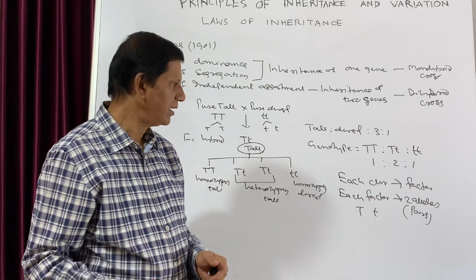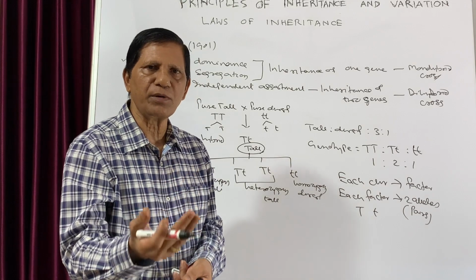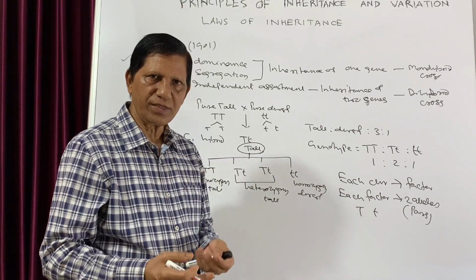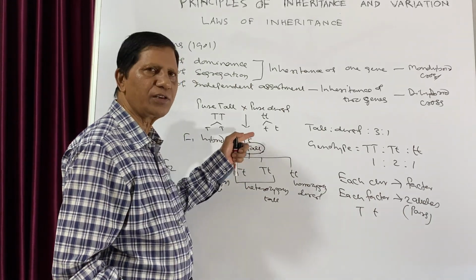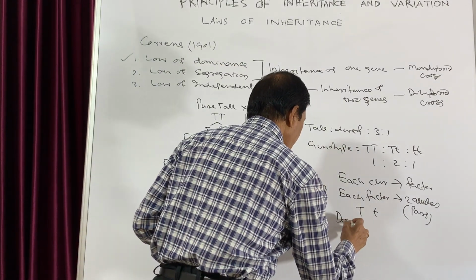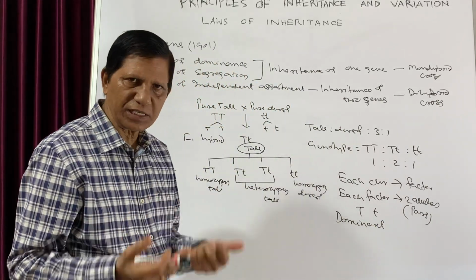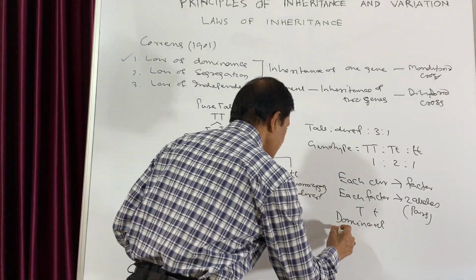Or we can say that one allele is masking the expression of the other. The character which expresses itself in the F1 heterozygous hybrid is known as dominant, and the character which remains unexpressed, as in the case of the dwarf, is recessive.